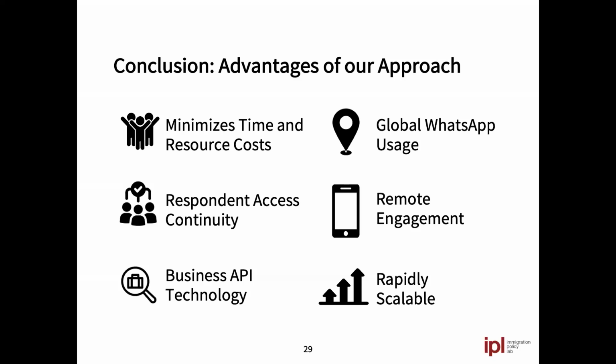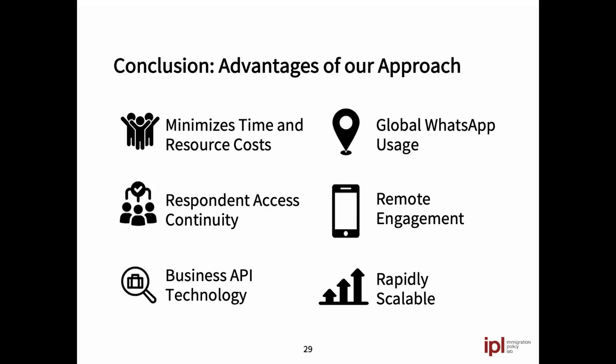Retaining WhatsApp numbers may increase our ability to keep in touch with them. Remote engagement, especially during the time of COVID-19 and the pandemic that we're living in, is another important requirement and may become all the more important for organizations who are thinking about how to safely engage with populations and respondents and participants.